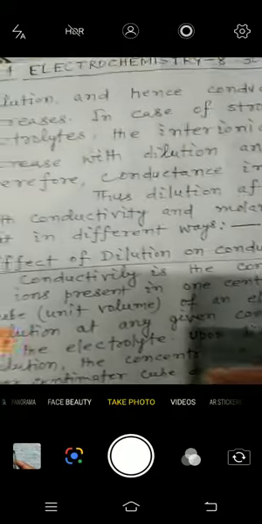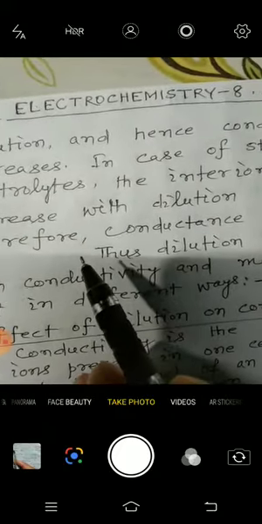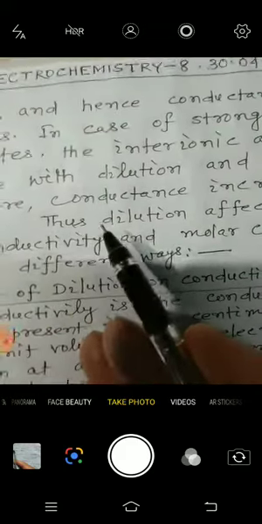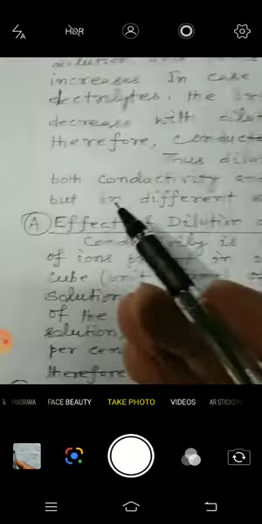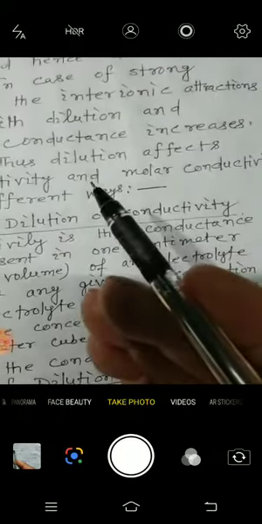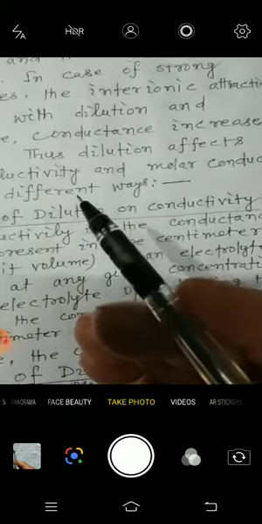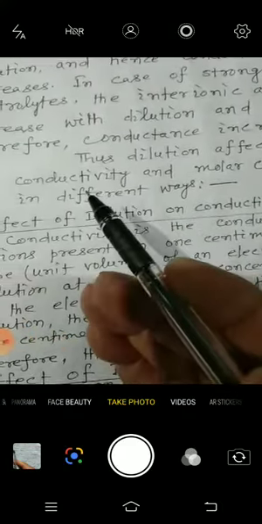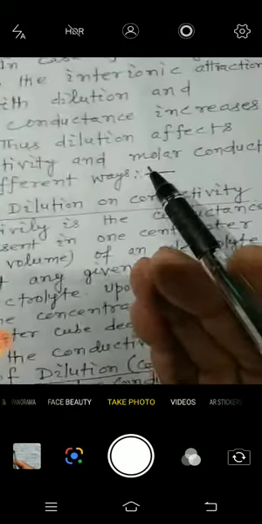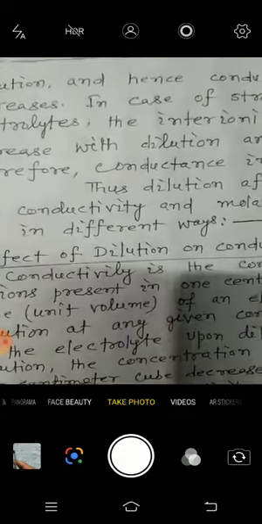So in both cases, on dilution the conductance will increase. Thus dilution affects both conductivity and molar conductivity, because both are related to the conductance of ions, but in different ways.